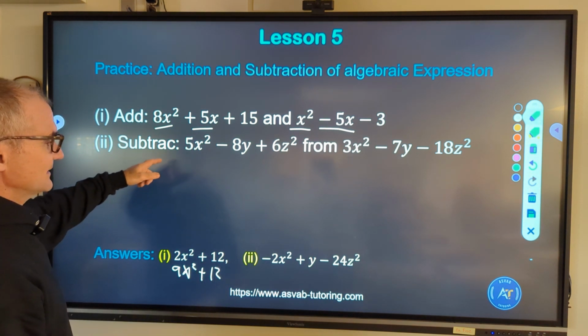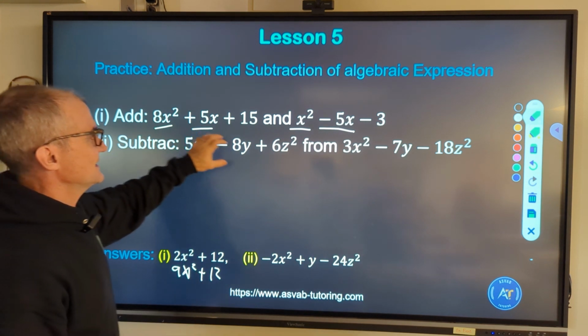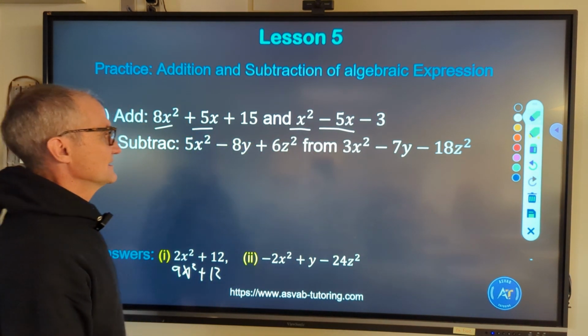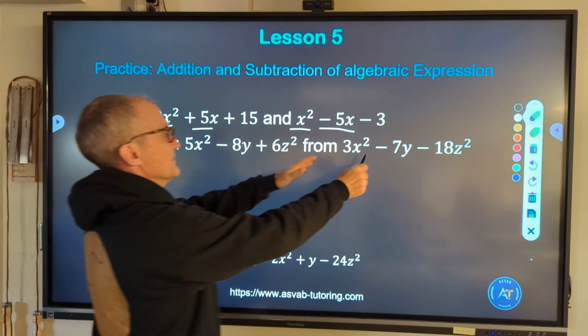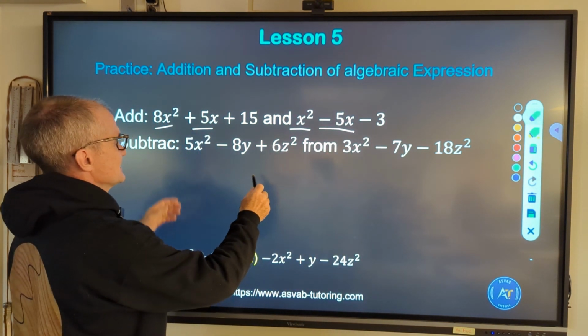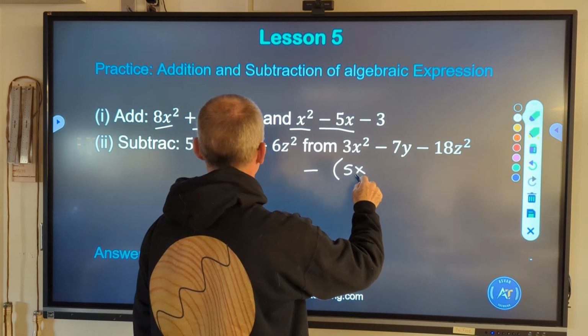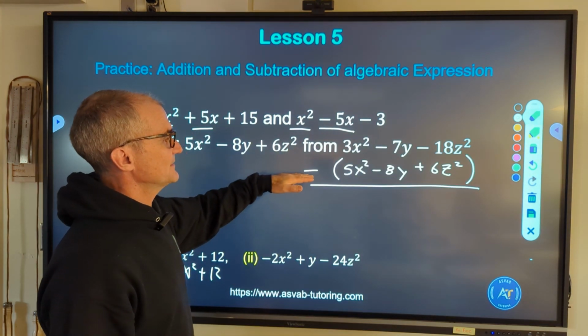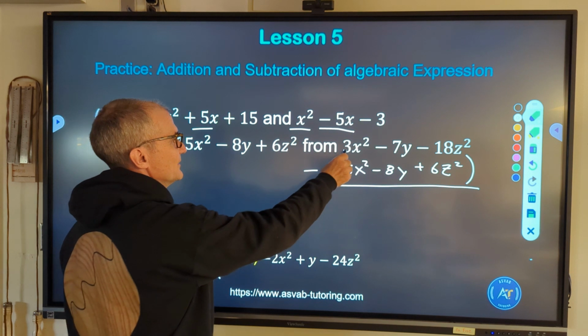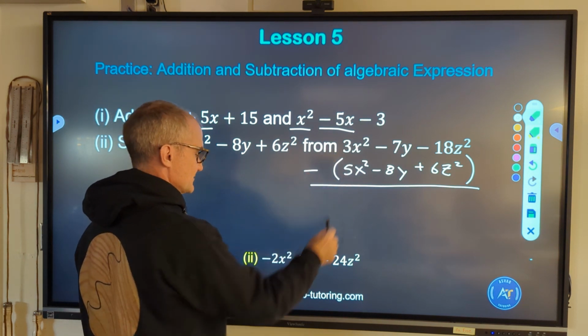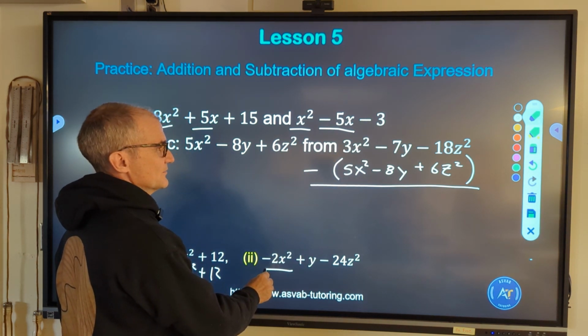And then what I'm going to do right here, subtract this from this. So what that means is this is what I start with, and I minus this. So I got to subtract 5x squared. So I have to remember to distribute that negative through the whole quantity. 3x squared minus 5x squared gives me that negative 2x squared.